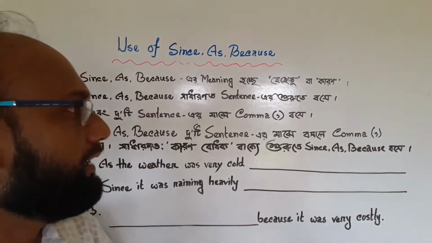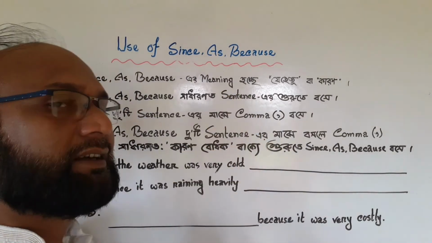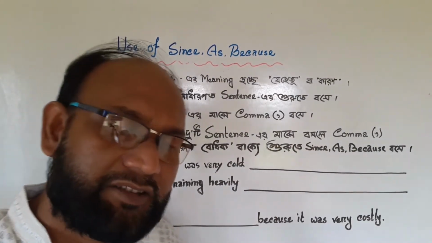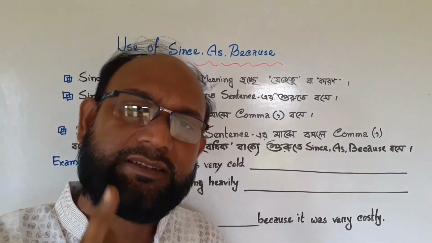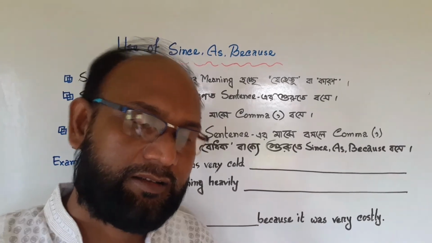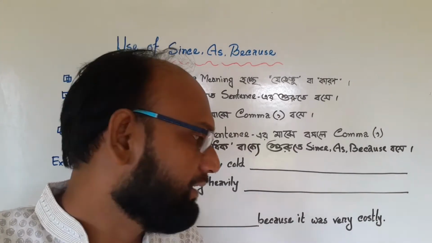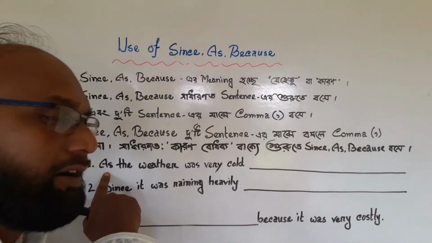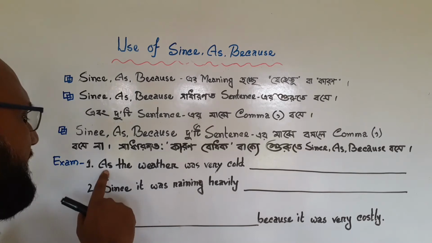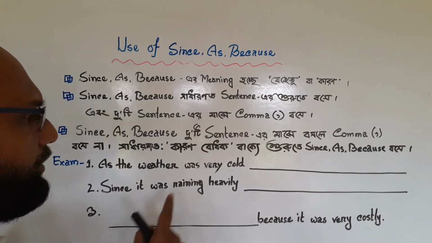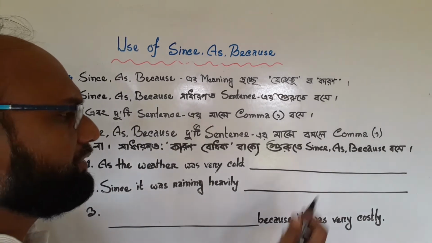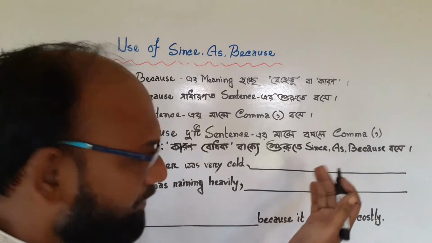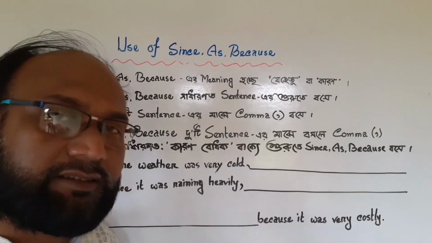If we use since, as, because at the beginning of the sentence, we must use a comma between the two sentences. Bear in mind this. Then we will write a new sentence.